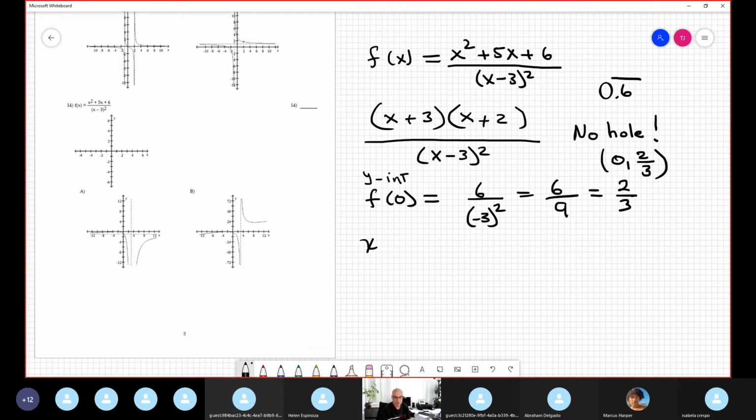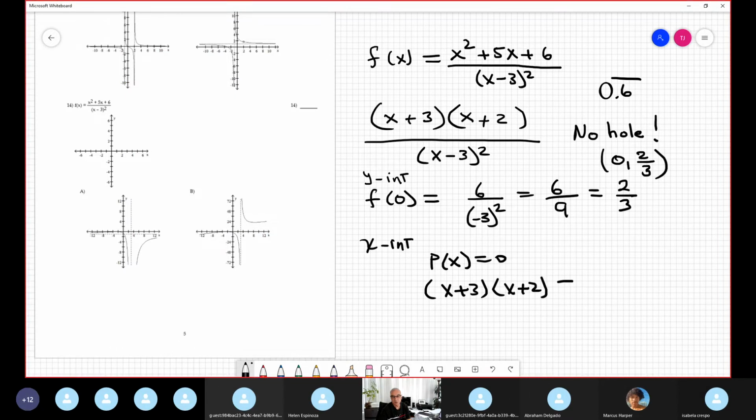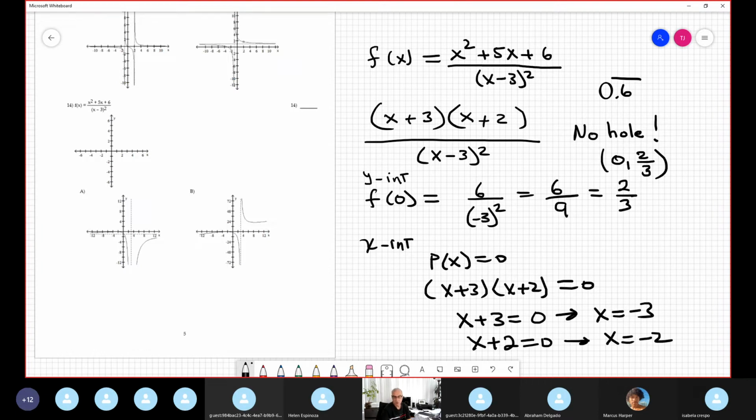I'm going to find the X-intercept. Well, you take the numerator equal to 0. It's x plus 3, x plus 2 equals 0. It's obvious that it's minus 3, minus 2, and we have 2 in that case.